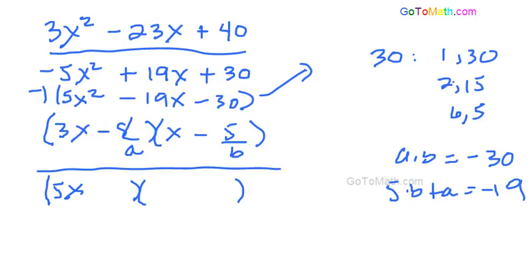If we look at 1 and 30 here, that's not possible. 30 and 1, no. Let's take a look at these signs real quick. We've got a negative, so one of them is going to be negative and the other positive. What about 2 and 15? Plug a 2 in here, you get 10, and then 15, no, that's not possible. 15 is going to be too big.